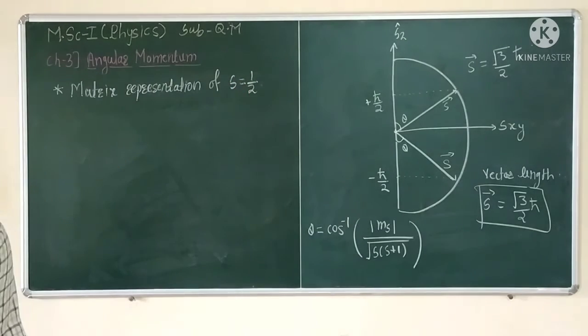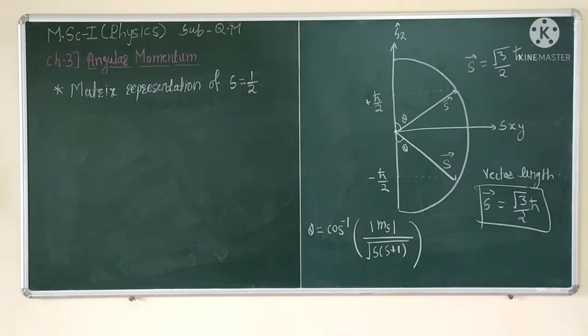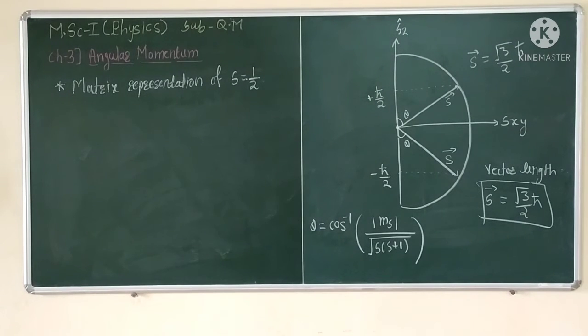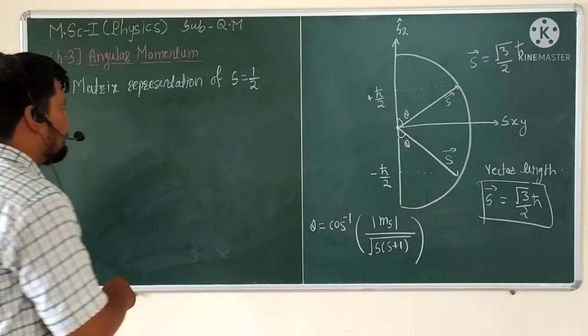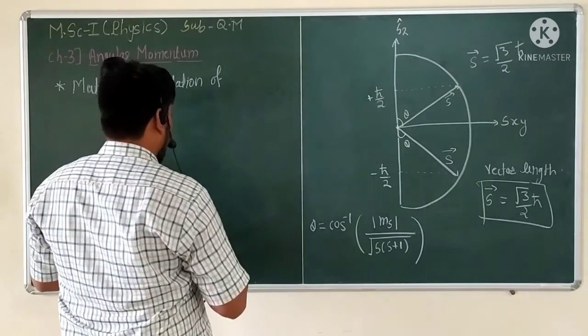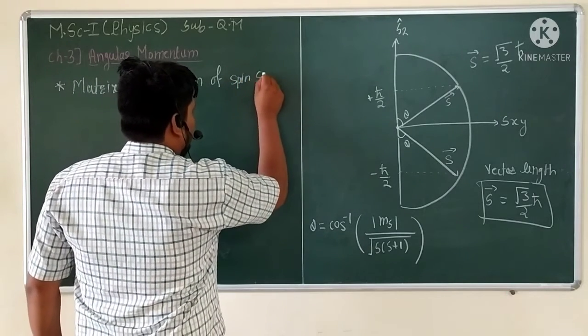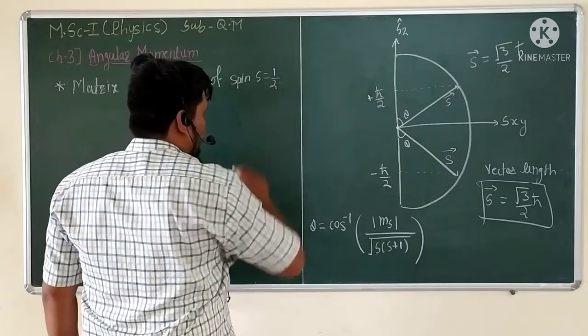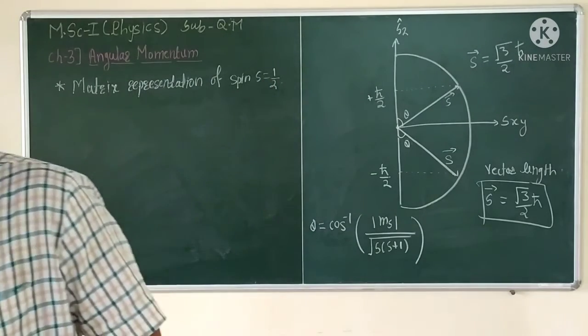We will see this matrix representation of s in a short time. So we want to see the matrix representation of spin s is equal to half. And first we want to calculate the matrix representation of s square.